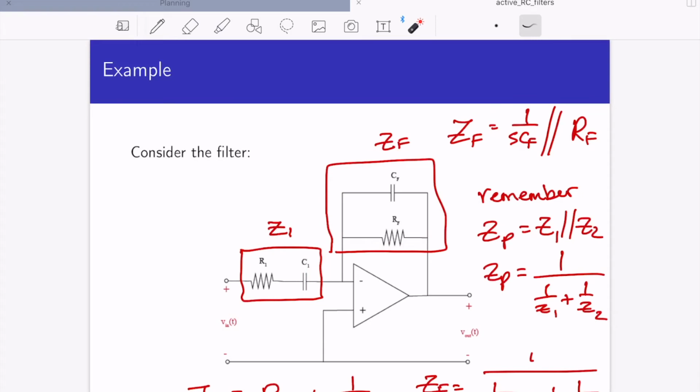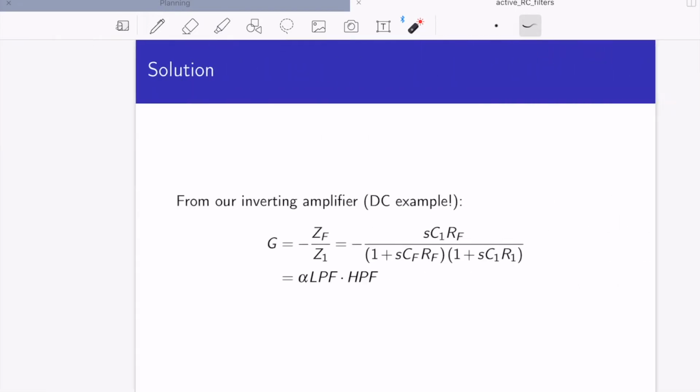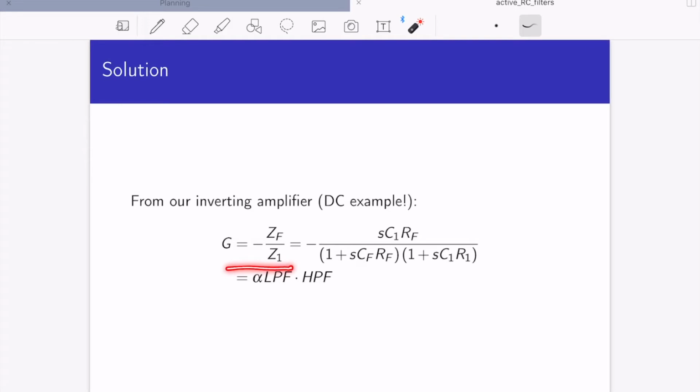But in each of these cases, this is just a basic inverting amplifier with a gain of minus ZF over Z1. So when we plug in for ZF and Z1, we end up with this expression. You could have derived it again, and feel free to do so.